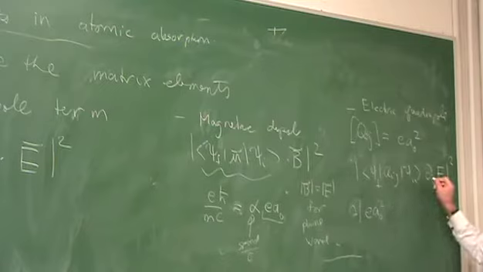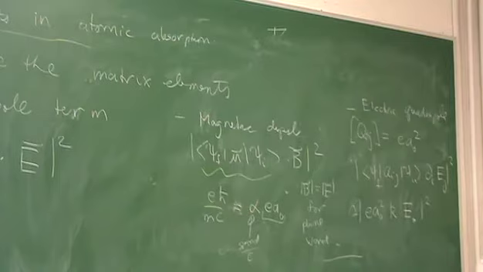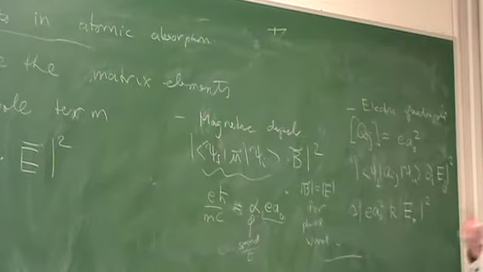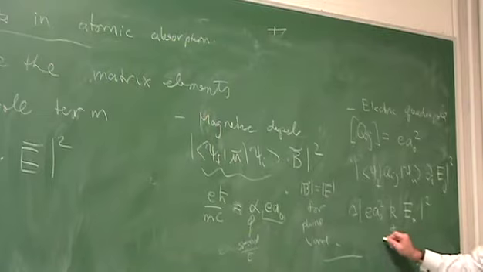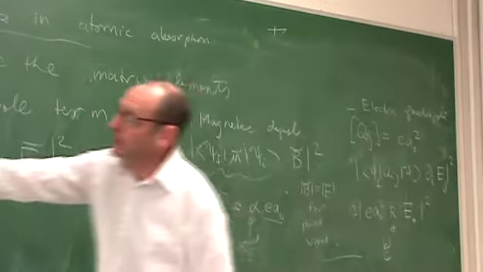We have k, all right? So how does this compare to this? Well, what are we talking about with k here? k is the wave number. k is omega over c. What omega are we talking about? Well, we're talking about an omega near an atomic resonance for this thing to make sense.